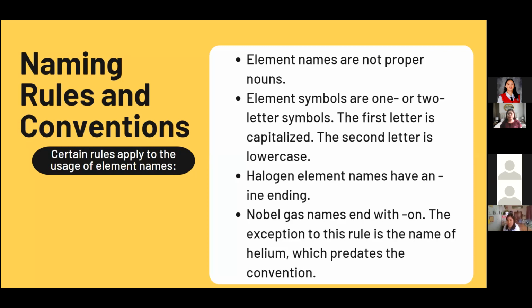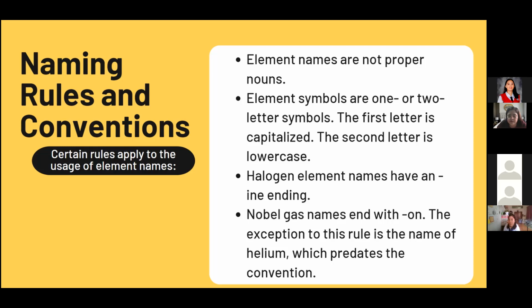So second, element symbols are 1 or 2 letter symbols. So if you look at your periodic table, wala kang makita na 3-letter symbol. Kasi sabi ni IUPAC, dapat maximum of 2 letters lang ang symbol ng element. And also, the first letter is capitalized, the second letter is lowercase. So important to siya na ma-apply natin when writing the symbol.